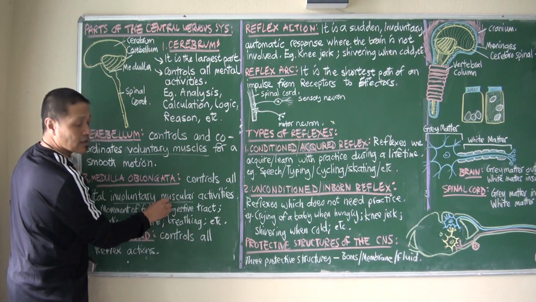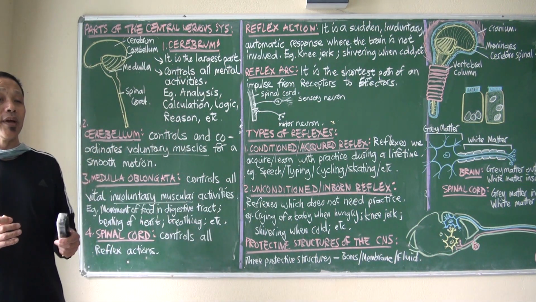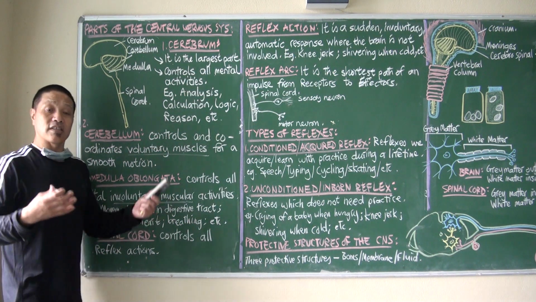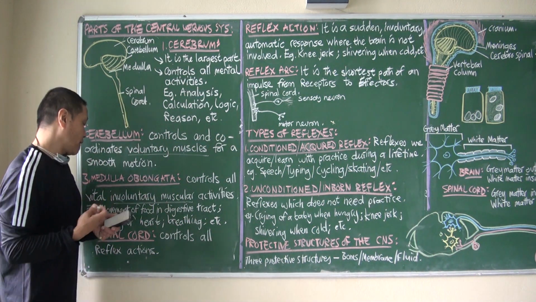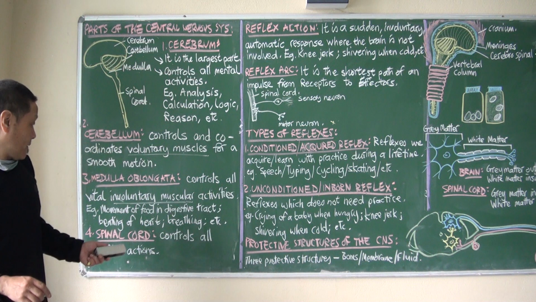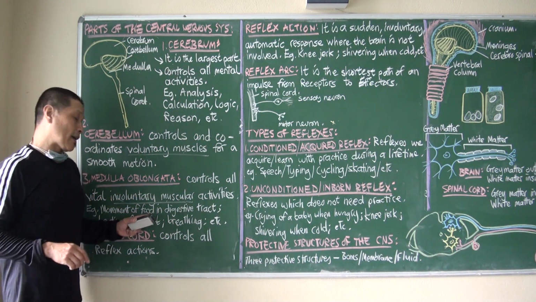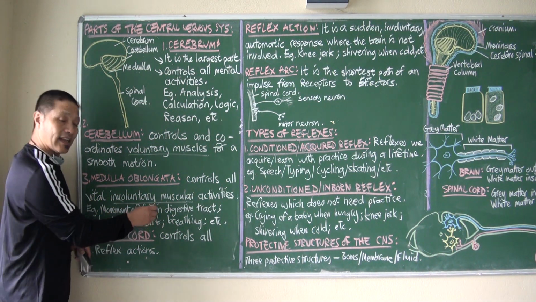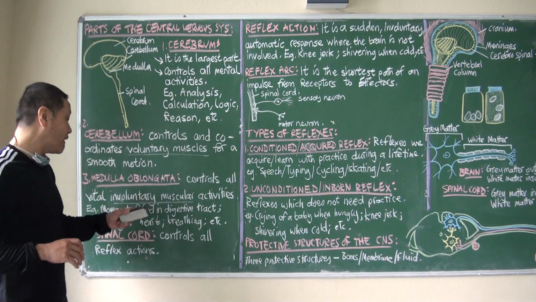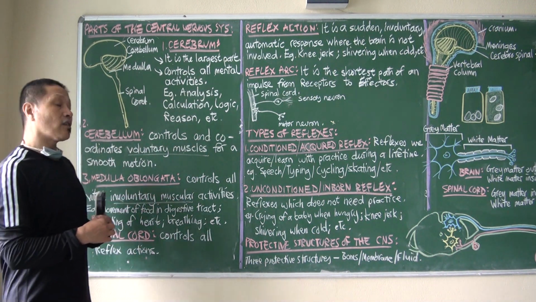Whereas involuntary muscles are those which are not under our will, and most of these involuntary muscles are present inside the body. For example, the food pipe: the movement of food inside the digestive system is controlled by involuntary muscle, and it is not under our will.